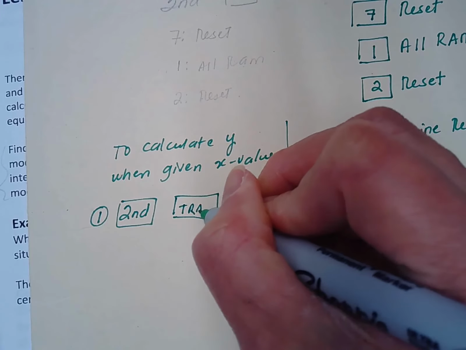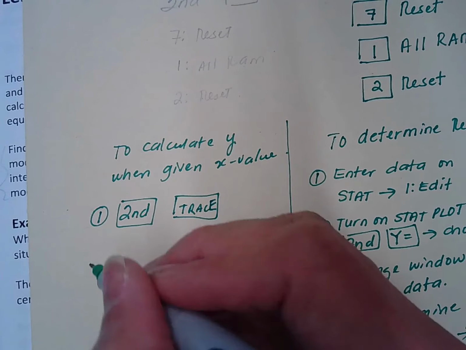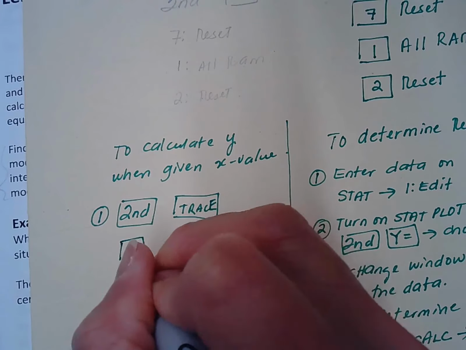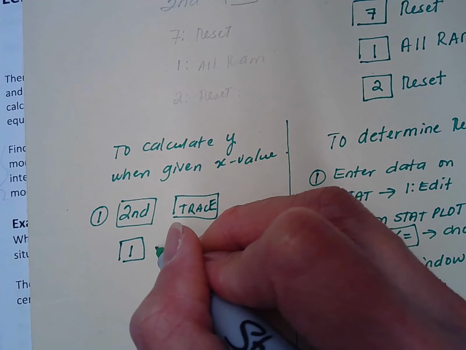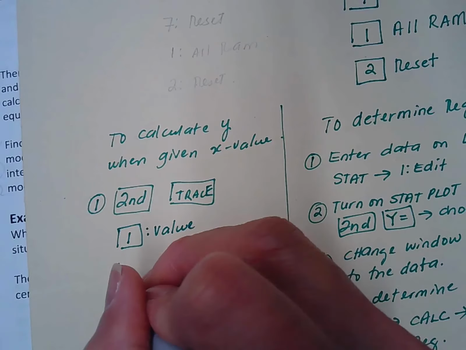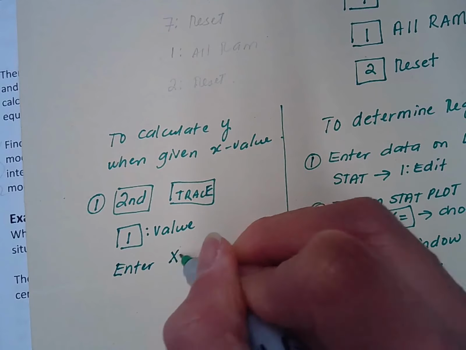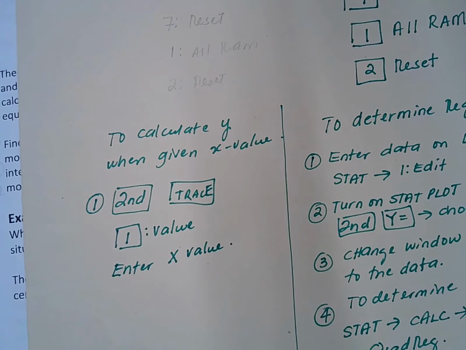Don't look where trace is yet, just write it down for now. Second function trace. And then you're going to press 1 for value. And then we're going to enter our x.